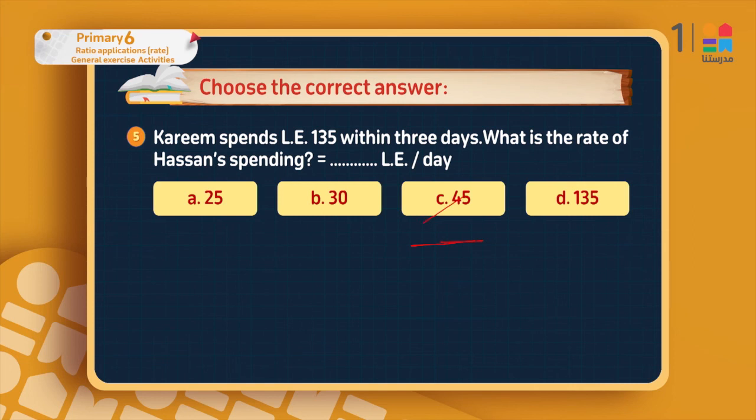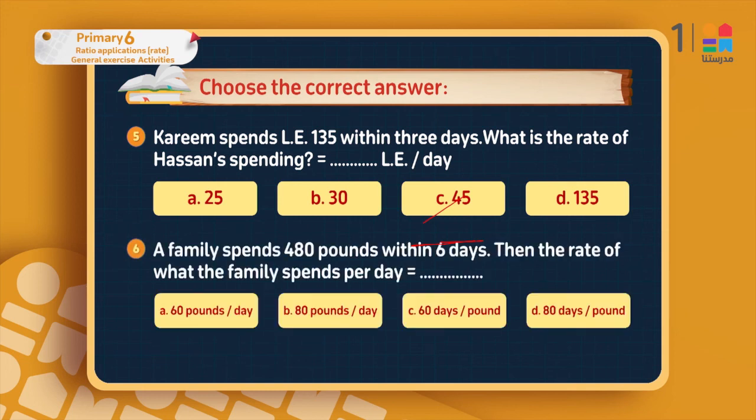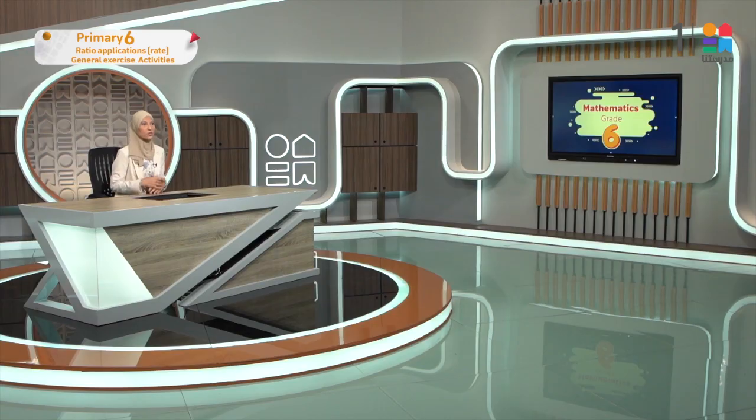Okay, let's take another example. I have here, a family spent £480 within 6 days. Then the rate of what the family spends per day equals. So it's talking here about a family spending £480 in 6 days.